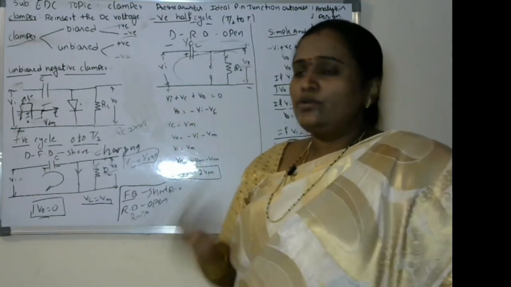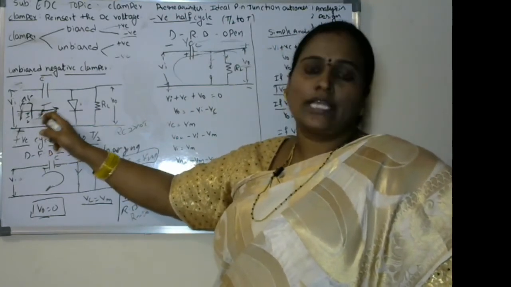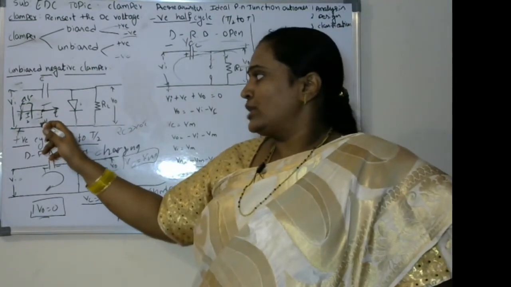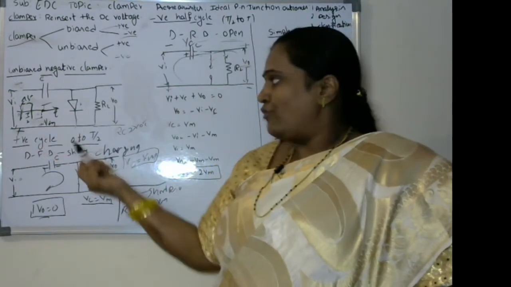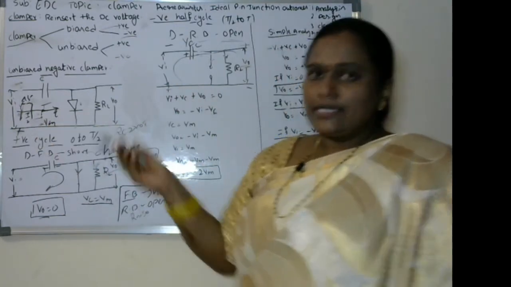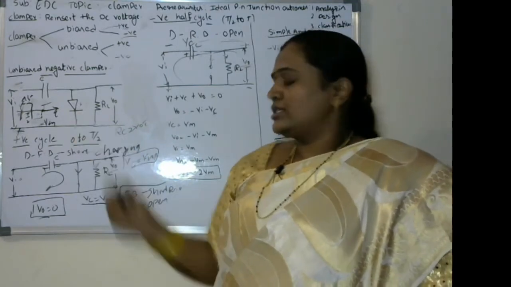In this case you have to remember I am considering the sign notation of voltage also. When substituting Vm, it has to be minus Vm, since I have already considered this is the negative voltage over here. That is the main thing. Most of the students are going to make a mistake in this case.